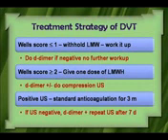Then use the compression ultrasound, use the algorithm, and then confirm or refute the diagnosis of DVT. Positive ultrasound means, irrespective of D dimer being negative or positive, if the compression ultrasound is positive, it is the clinching test for diagnosing DVT, and standard anticoagulation should be given for 3 months minimum.